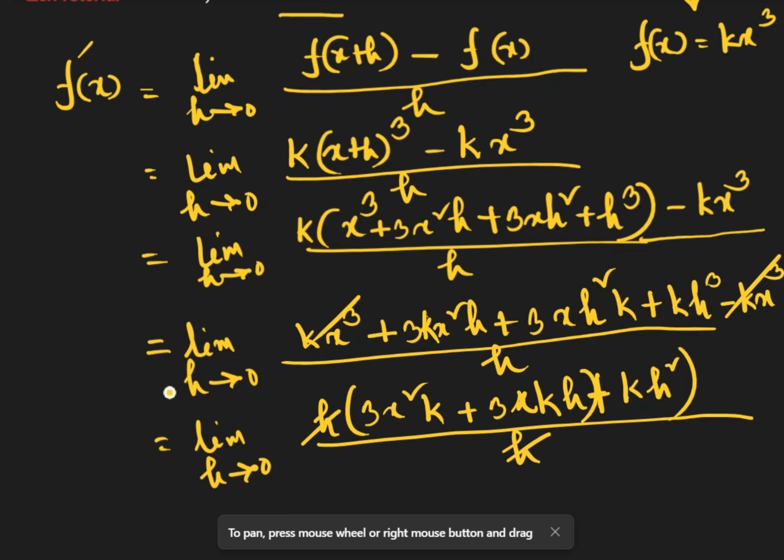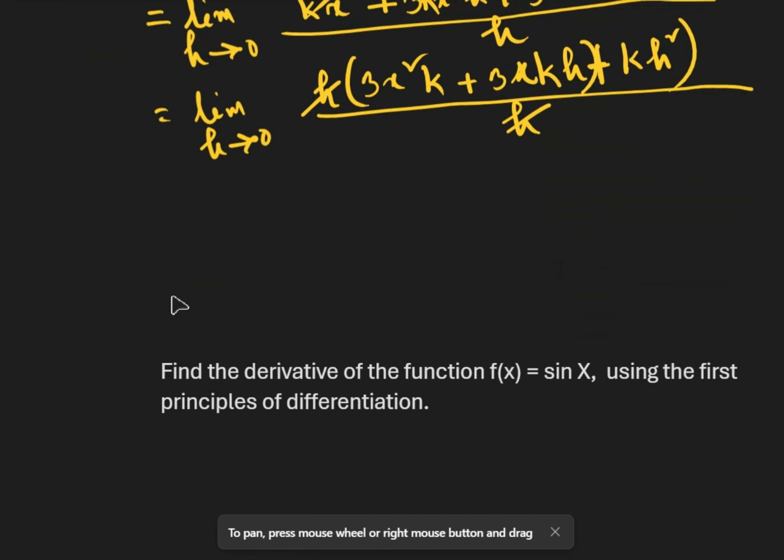So this one cancels out. Now limit h tends to 0. What is left?